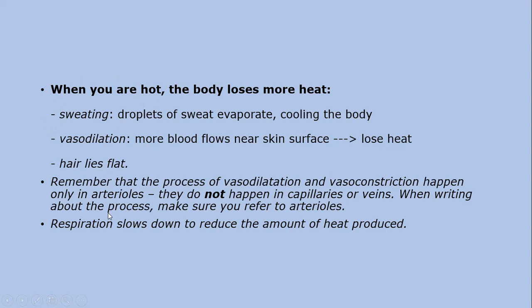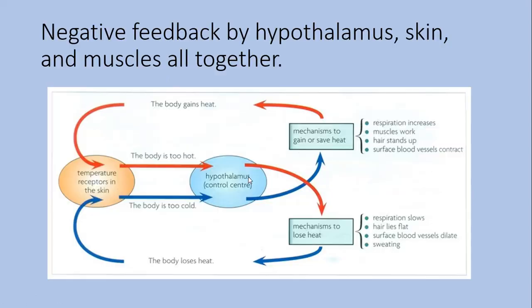We don't have shivering or movement of the muscles because we don't want to produce more heat by respiration. So the respiration may slow down to reduce the amount of heat produced. So this is the negative feedback mechanism of your body that is actually carried out by the hypothalamus.